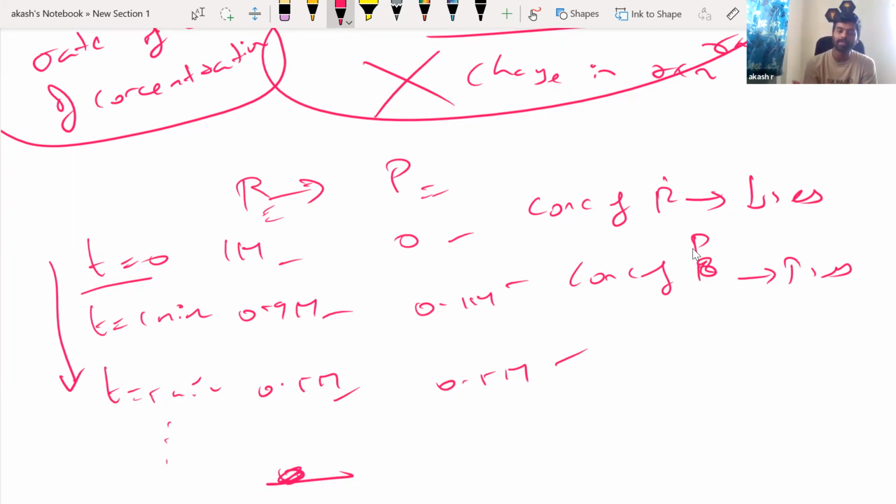So during the course of a chemical reaction, more and more reactant gets consumed, so the concentration of reactant decreases and more product gets formed. As the time progresses, the reactant concentration is decreasing and the product concentration is increasing. Now this we understood.